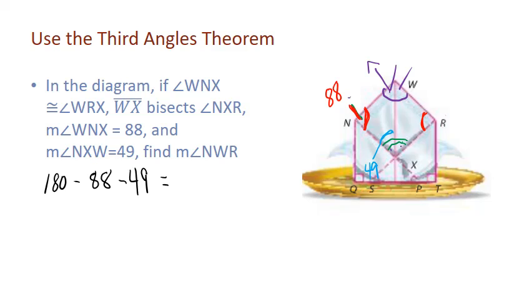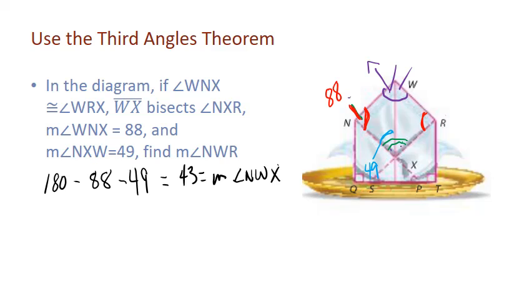So 180 minus 88 minus 49 is 43, and that's equal to the measure of angle NWX.